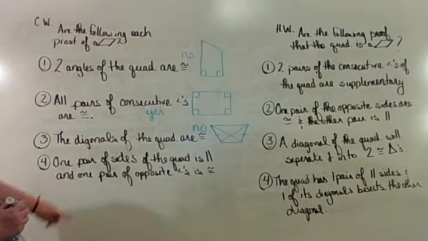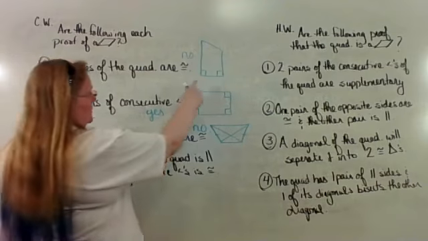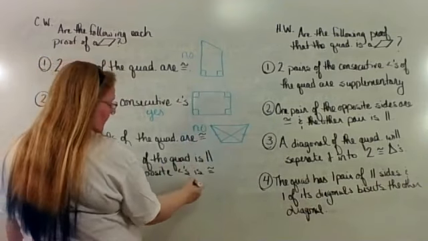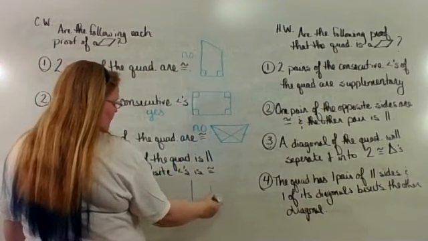One pair of sides of the quadrilateral is parallel, and one pair of opposite angles is congruent. I've got lots of parallel sides going on, so I think I'm going to start with that. My sides are parallel.